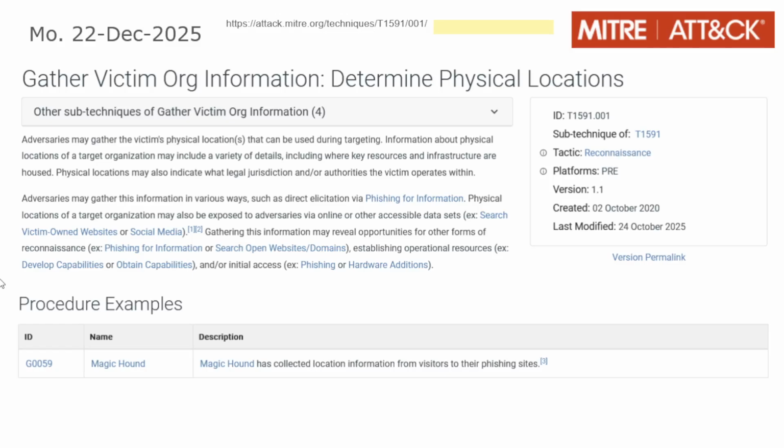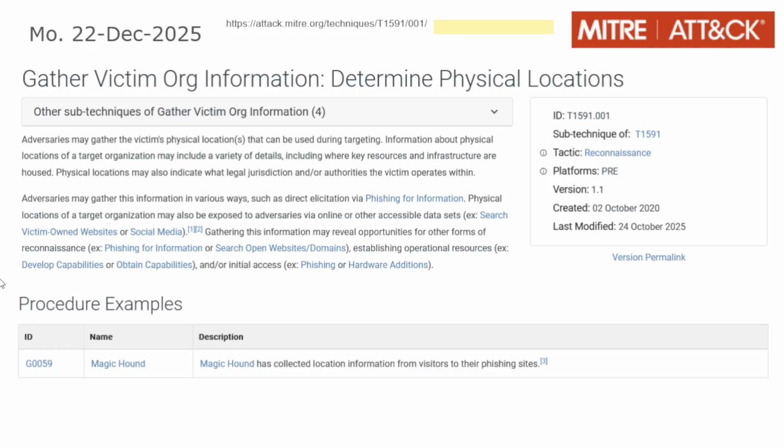Adversaries may gather the victim's physical locations that can be used during targeting. So that's again the targeting idea. Information about physical locations of a target organization may include a variety of details, including where key resources and infrastructure are housed. Especially when it comes to terrorist attacks, when they want to destroy something physically, obviously they need to know where it is.